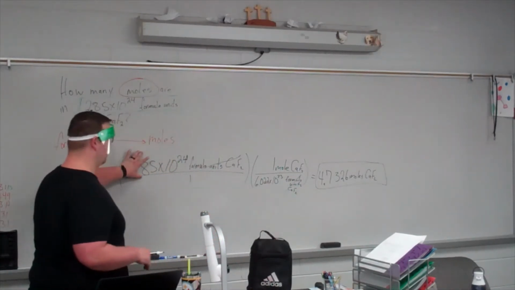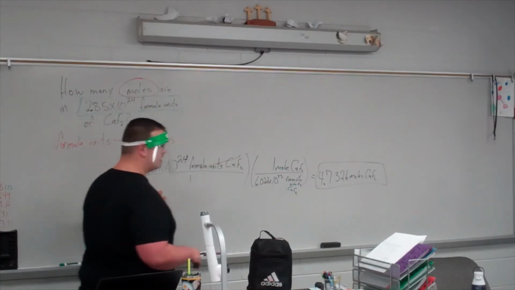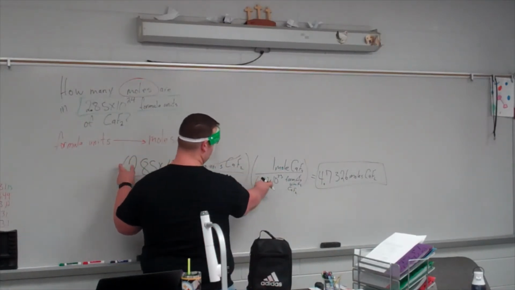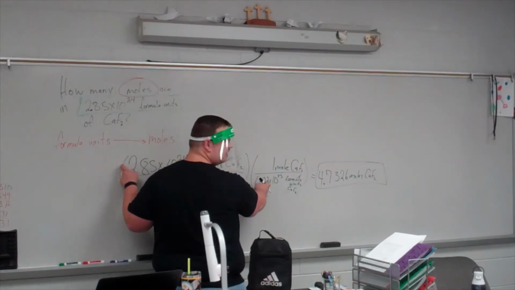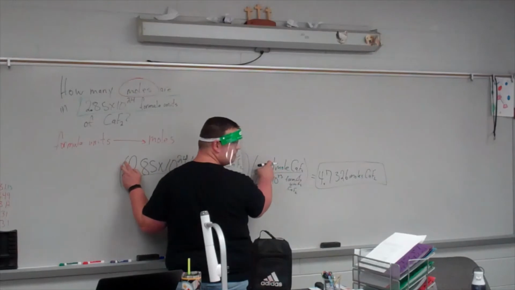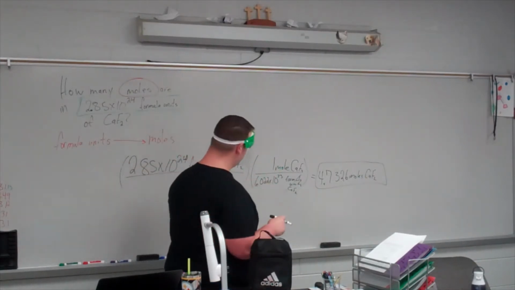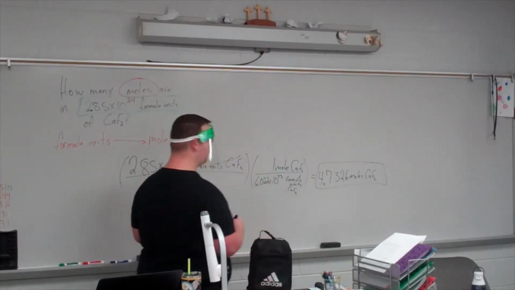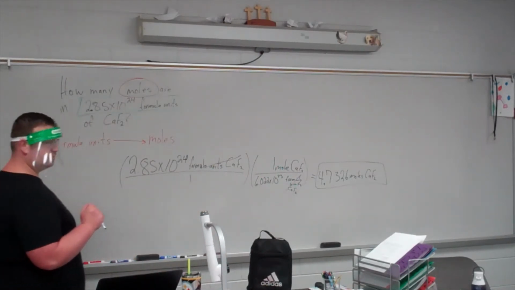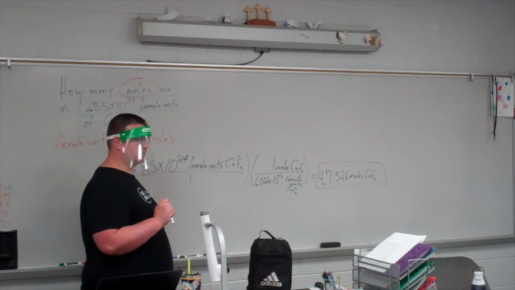I first start with my number and set it over 1, because then every conversion factor tells me what to do. This is in the bottom, so I divide. If there was something in the top, I'd multiply by it. Technically we are, but where this is 1 and it's multiplying, it's just the same number. Questions?